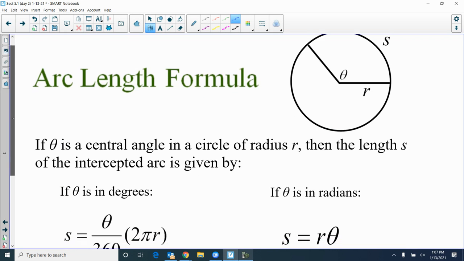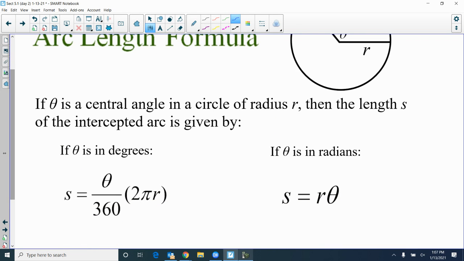So here's where we're at, the arc length formula. I give this to you in both forms. In degrees, theta divided by 360, you take the fractional part of the circle you have times the whole circumference. And now, in radians, it's just S equals R theta.